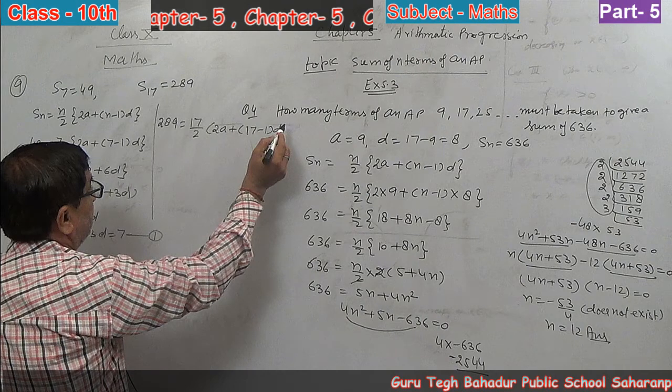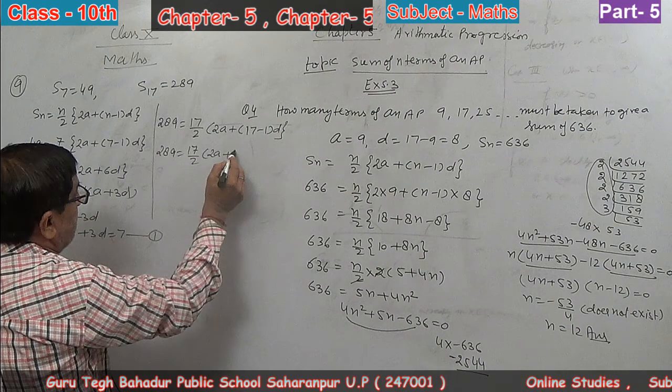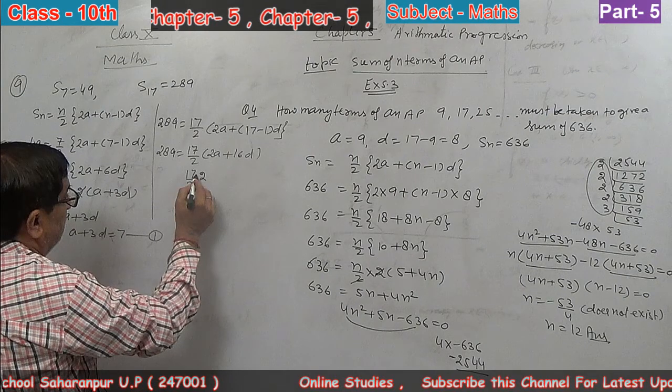That is 289. 289 upon 17 is equal to a plus 8d. 17, so a plus 8d is equal to 17. This is the second equation.